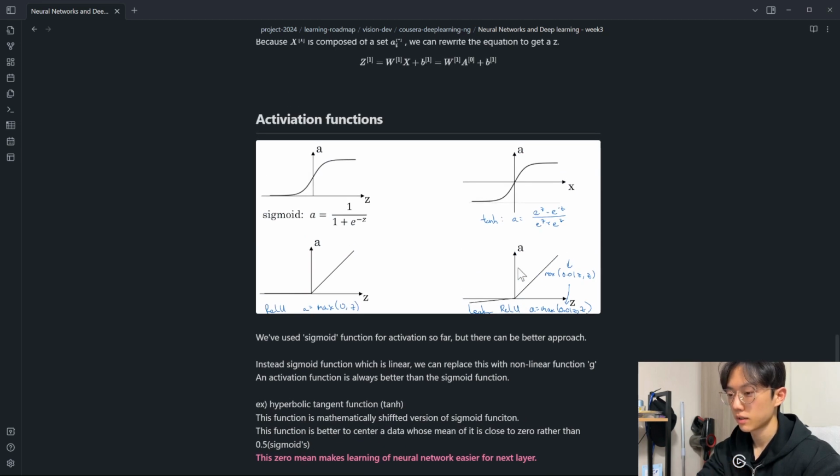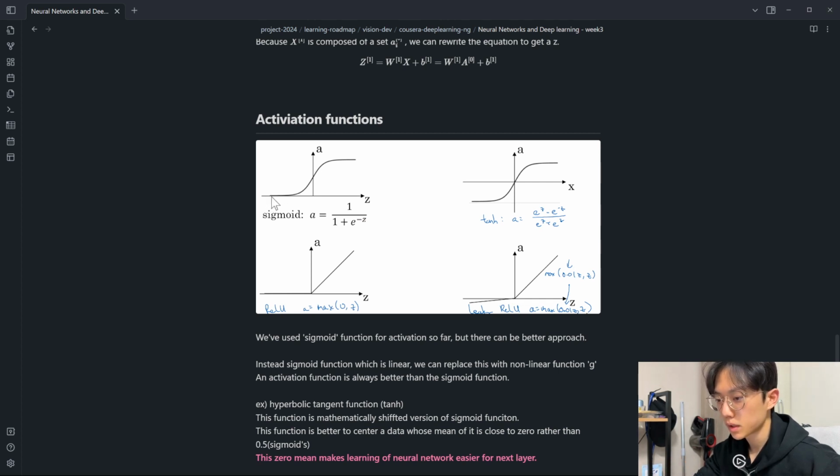But both of these functions have a huge downside: when g is very big or very small, like here and there, the gradient changes very slowly.